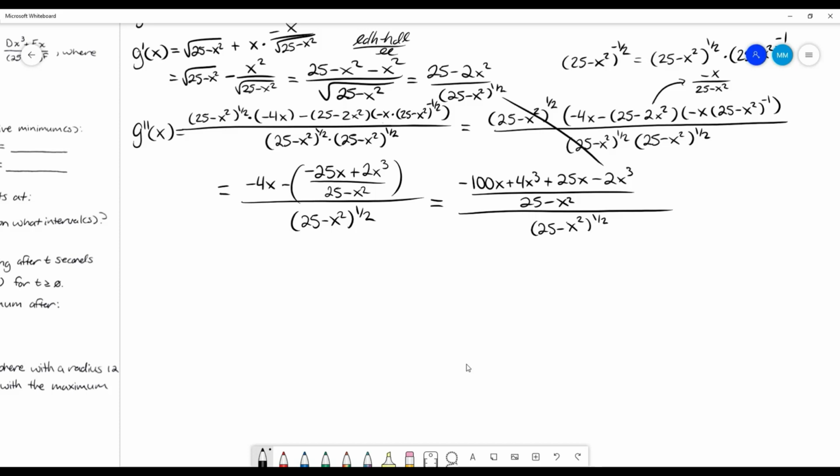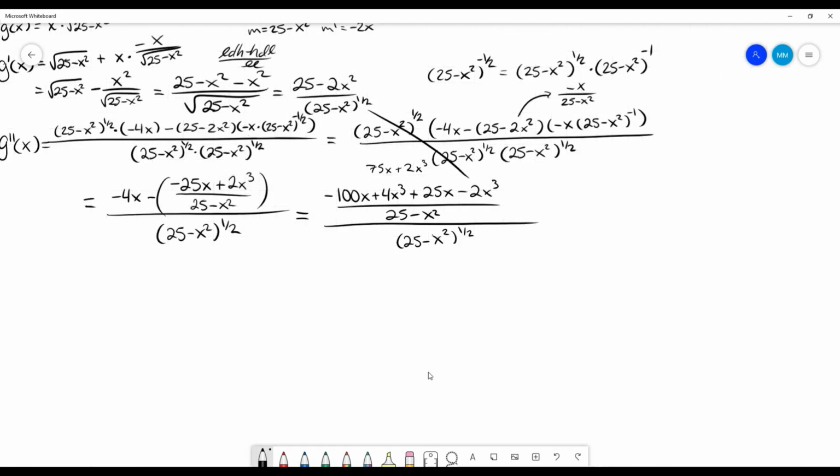I'm going to combine any like terms here, so that's going to be a negative 75x plus a 2x cubed. And obviously this is to the 1. And so now I can kind of combine these, because this is the same thing as all of this times 1 over this. And when we multiply fractions, we just multiply straight across. So I'm going to add these exponents together now because they're being multiplied.